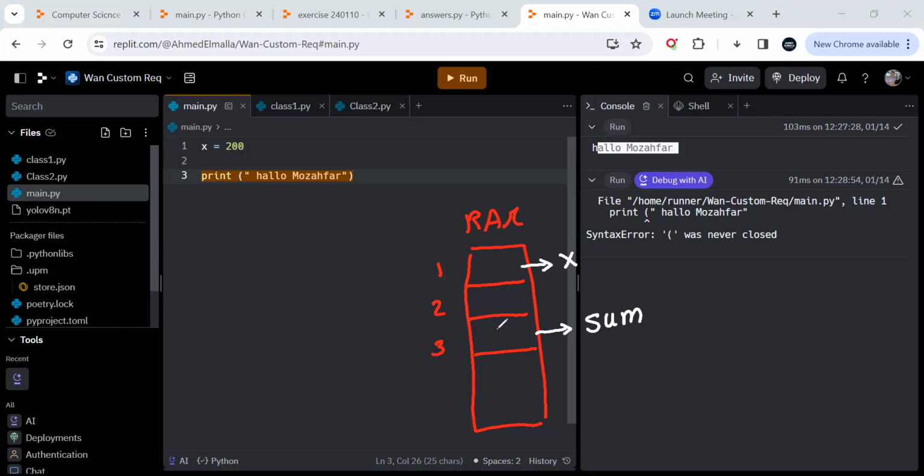So there's no need for us to remember the real address of the memory, but internally the computer relates your label, or your variable name in this case, with the address number of the memory.